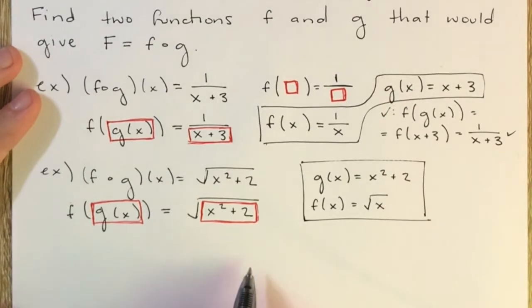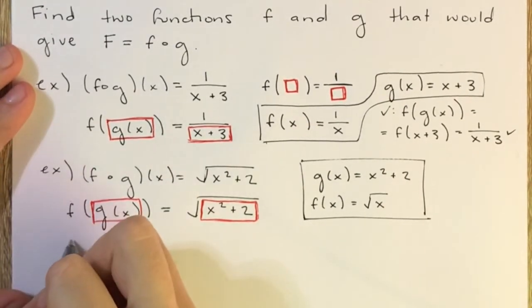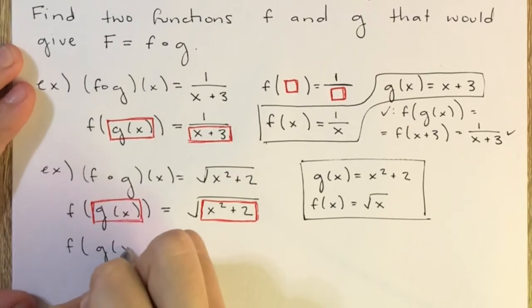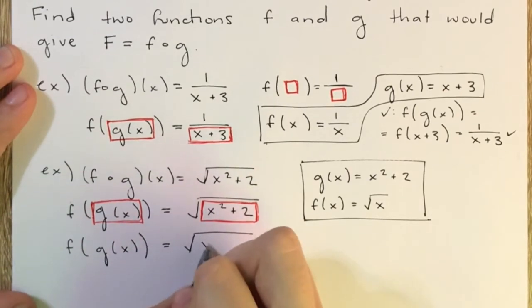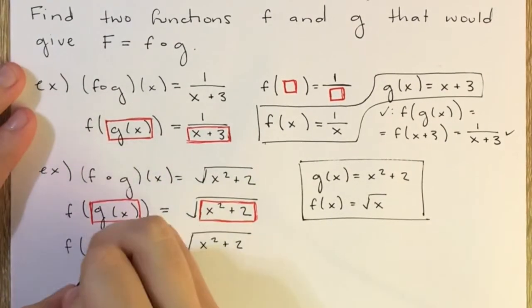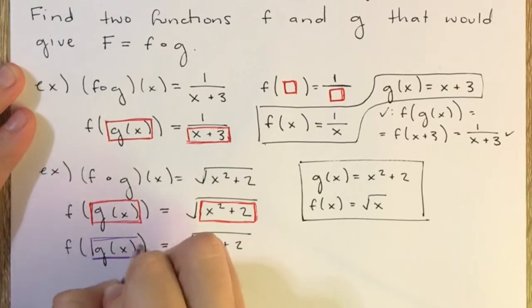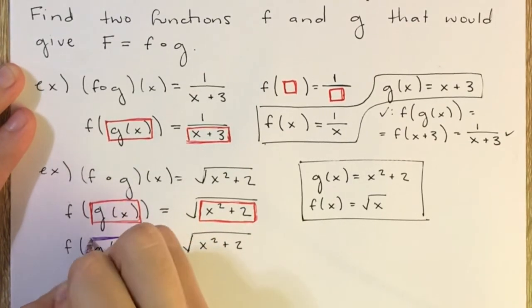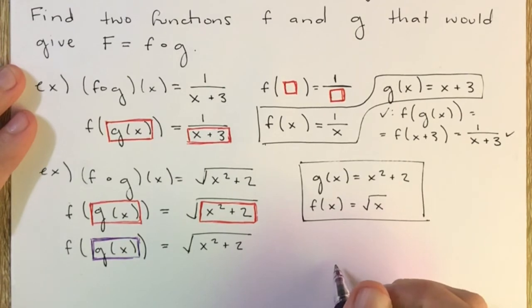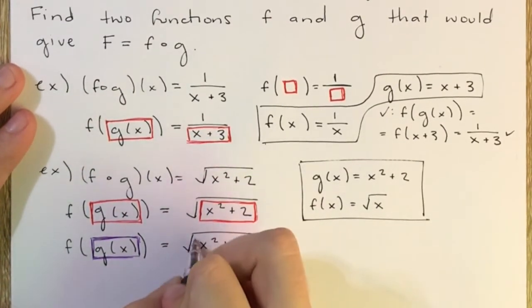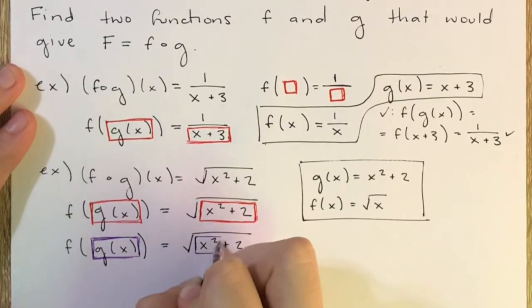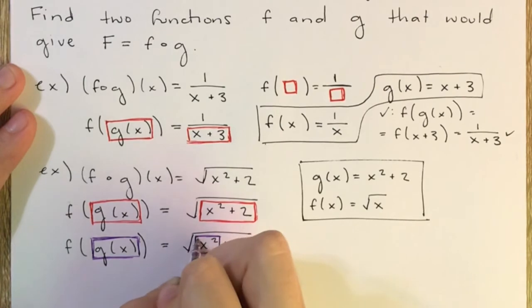This isn't the only way I could have done this, though. If I wanted to, let's write it again. I'll use a different color this time. So this time, I'm going to make my inside function the purple square. My only requirement for an inside function is that I need to work my way outward. So I start at x and work my way outward. So x squared also works.